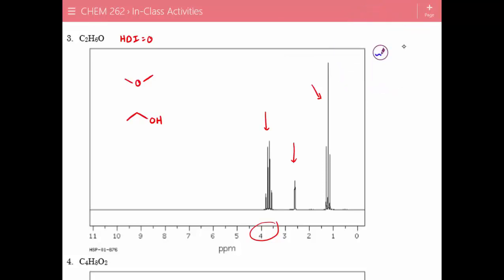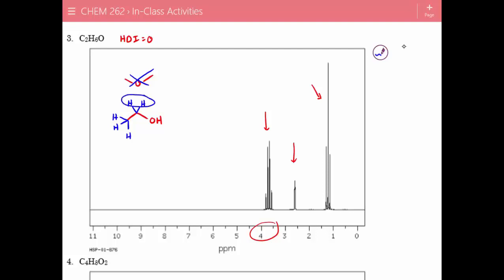Hopefully by now you can see that dimethyl ether is very symmetric. We should only have one signal for it, so we're probably not going to have this one. But let's take a look at the other one, the ethanol. If we look at ethanol, it's got protons on that terminal methyl group that are its own unique set, and it's got protons on the methylene that are its own unique set.